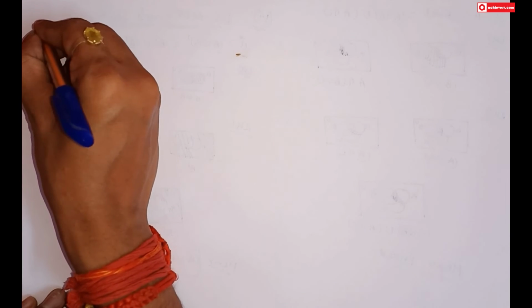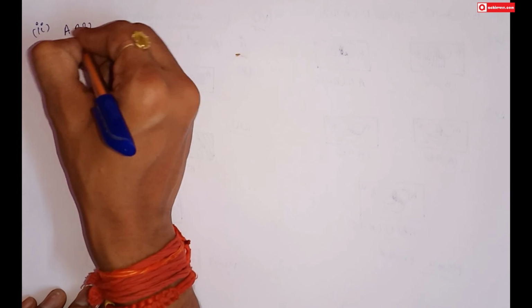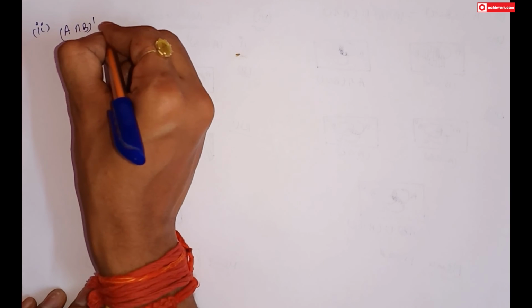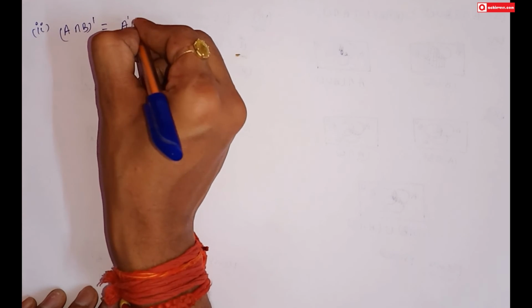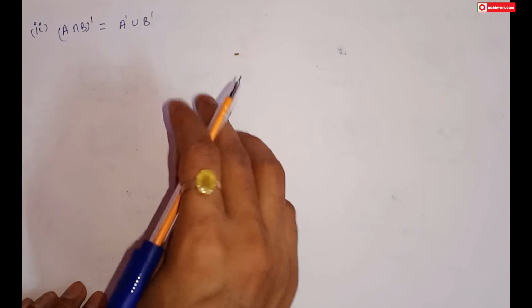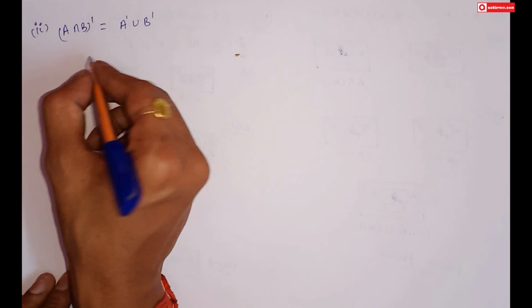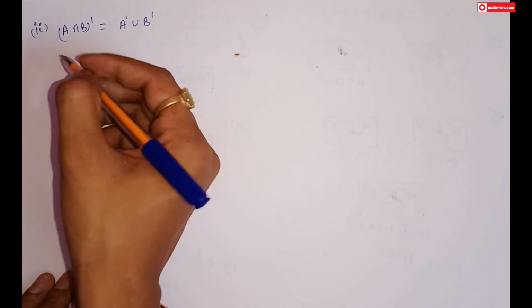The second part in this law is (A intersection B) complement is equal to A complement union B complement. You can prove this by Venn diagram, and this we will go further with Venn diagram.